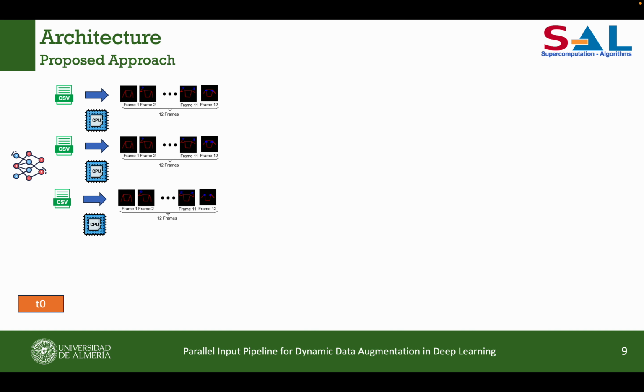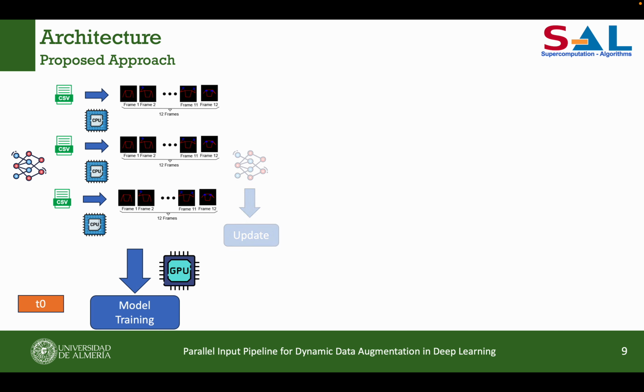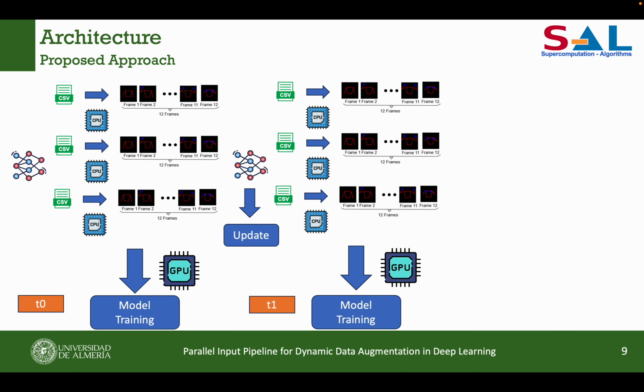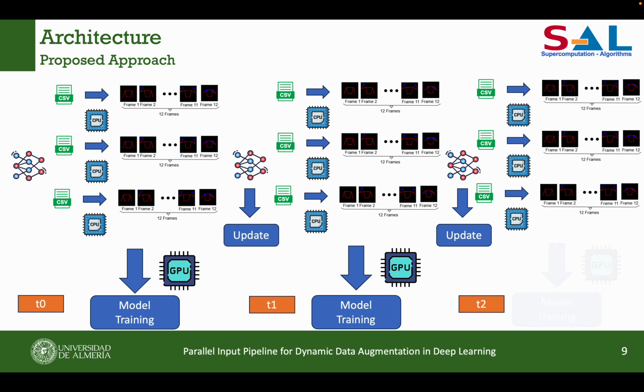So we have this parallelized, then this is fit into the GPU, and in the meantime, once the GPU finishes processing the batch, the neural network that determines the data augmentation is updated in order to select the most appropriate augmentation in this epoch, and also the new batch is loaded in parallel. So this is an iterative process in which we are optimizing a neural network that defines the best data augmentation in each case, and then the data input pipeline is parallelized.